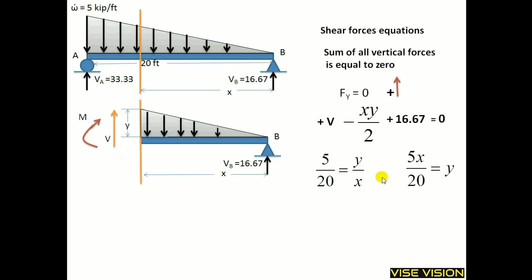This is how we find y is equal to 5x divided by 20. This 5 divided by 20 must be equal to y divided by x over here. So this is y, and putting this y in this equation, I will get this equation. Arranging this equation, this is my shear force equation for this UVL. Throughout the span, one equation will exist for shear force.